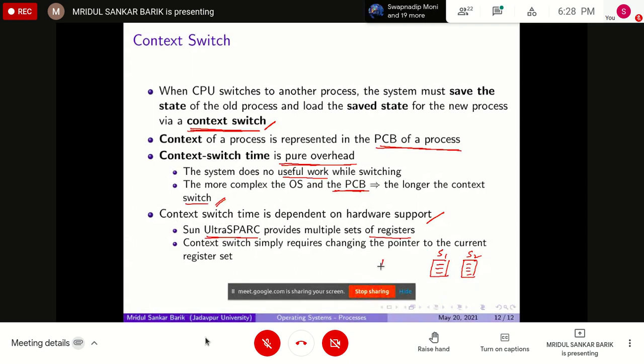When process P1 was executing, probably it was using set S1. When the context has to be switched from process P1 to process P2, it is not required that the set of registers S1 has to be stored into the PCB of process P1, because we have another set of registers. So P2 might be given the other set, and P2 would be using the other set of registers.